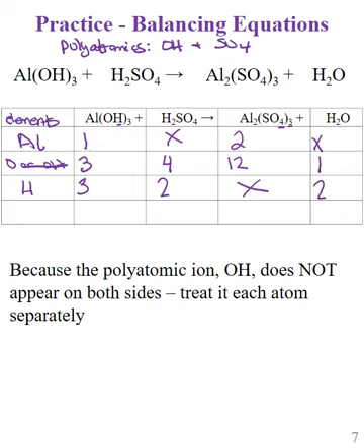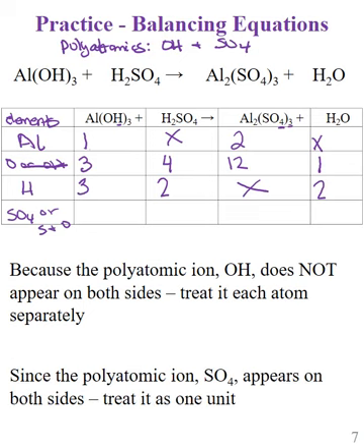For SO4, can I treat it as SO4, or should I think of it as sulfur and oxygen? Since the polyatomic ion SO4 appears on both sides, we treat it as one unit. So we don't think of it as sulfur and oxygen, and that actually makes life a lot easier. We think of SO4 as one unit.